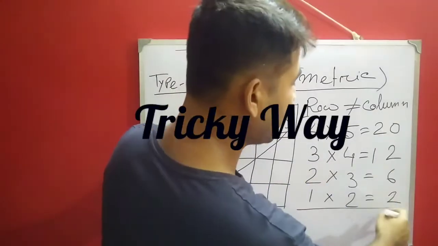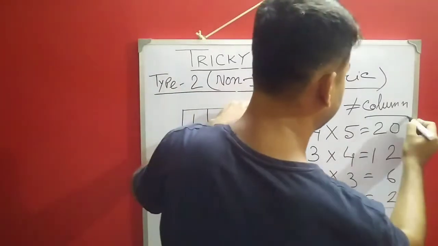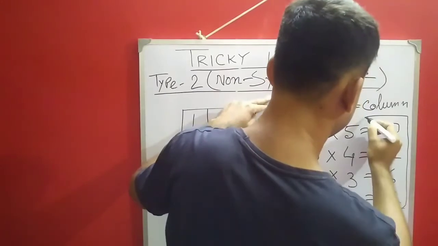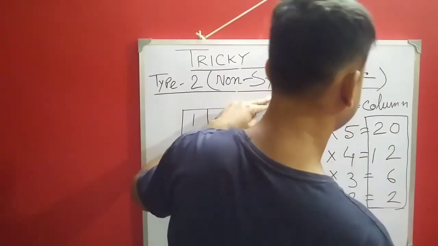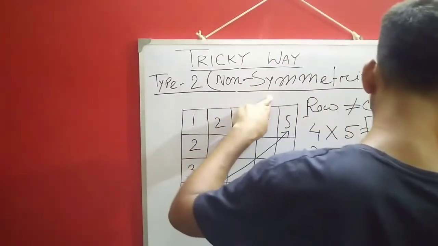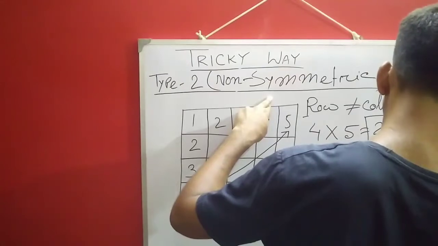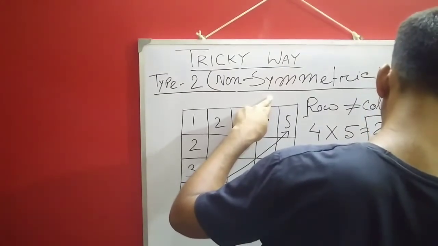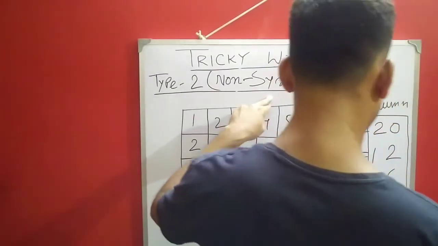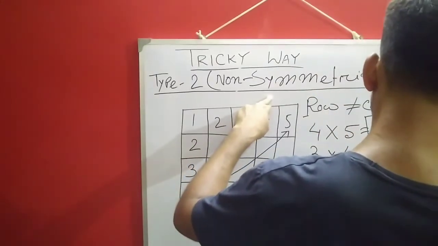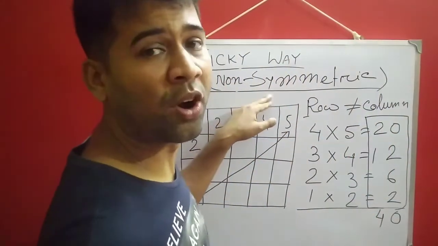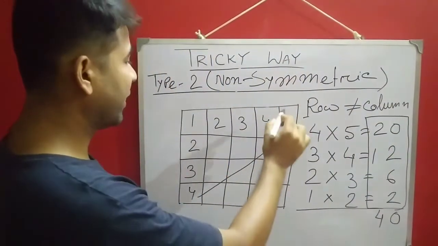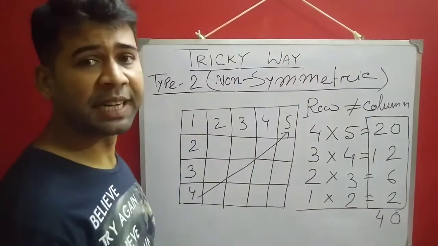And now add those values. The sum is 40. So the total number of squares for this figure is 40.